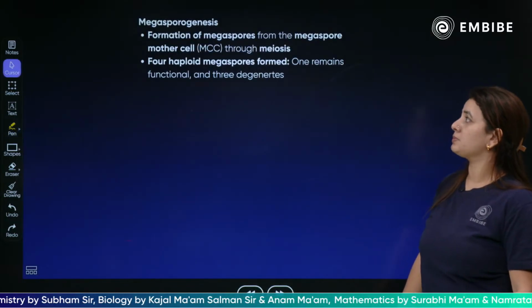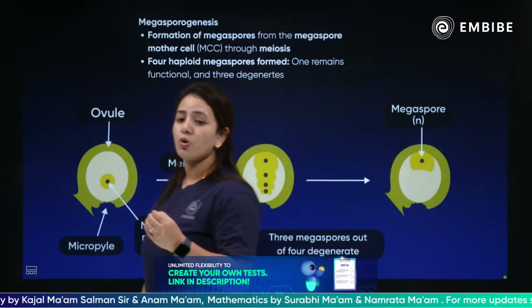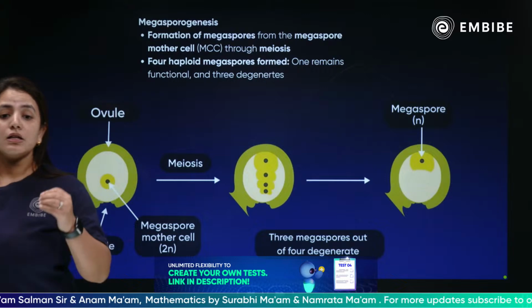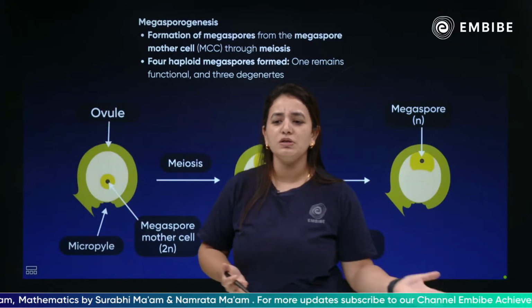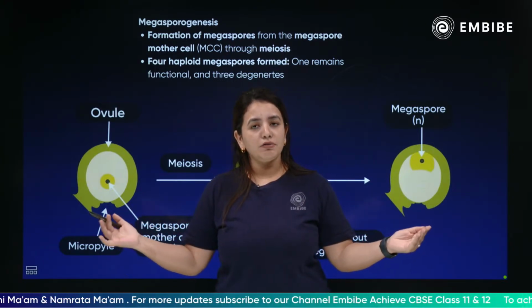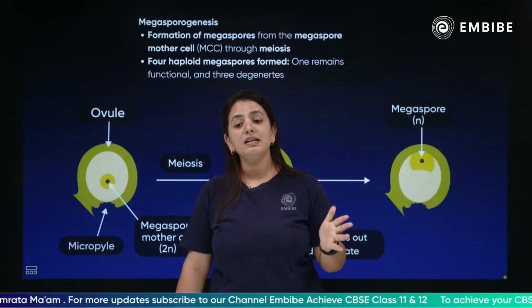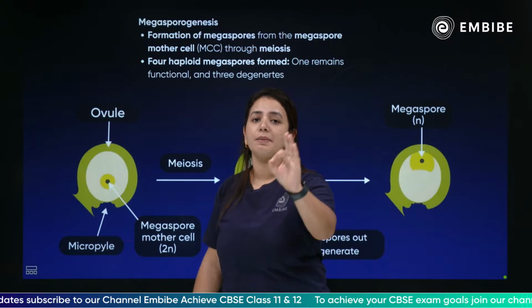Talking more about the megaspore, children, we have to discuss megasporogenesis. You know that the pistil has stigma, style, and ovary, and the ovary has ovules, but yet the most important part is megasporogenesis. Your stigma, children, is nothing but a landing platform for the male gametophyte.